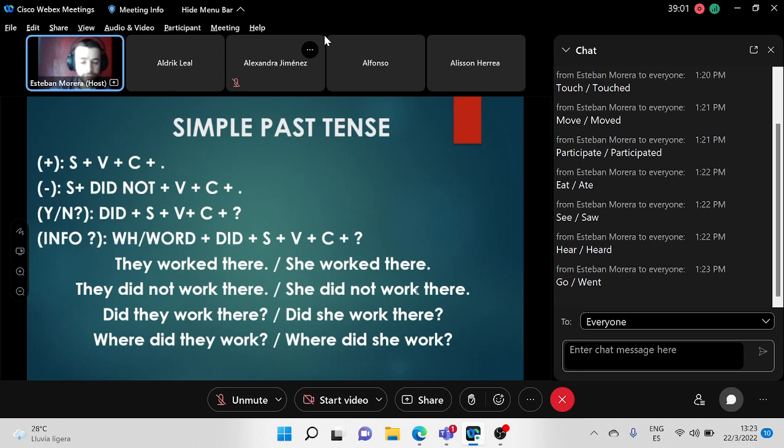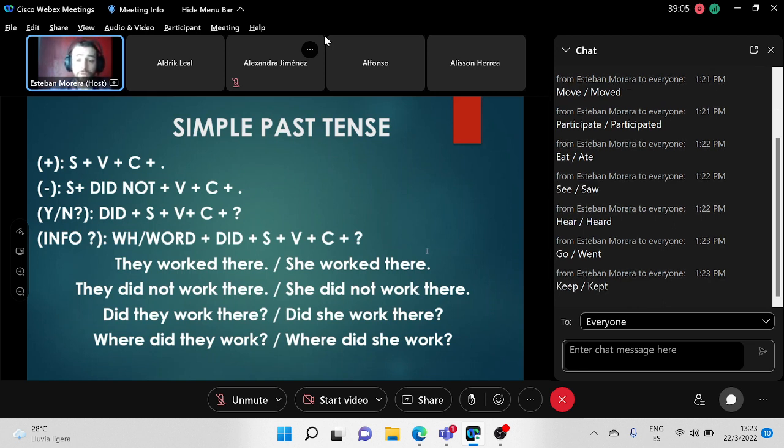Keep is in the present, kept is in the past tense. Okay, these are irregular verbs because if I want to write them in the past tense, I need to know the spelling. I need to know the word for that specific verb in the past. It is not just writing ed at the end of the verb.